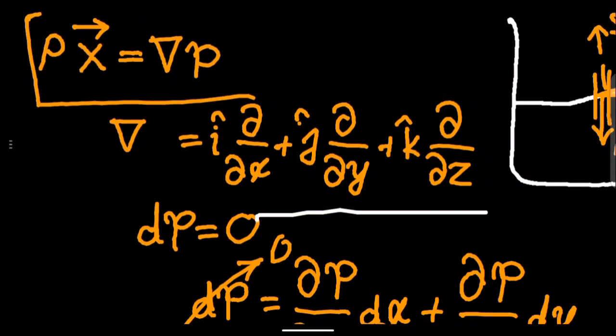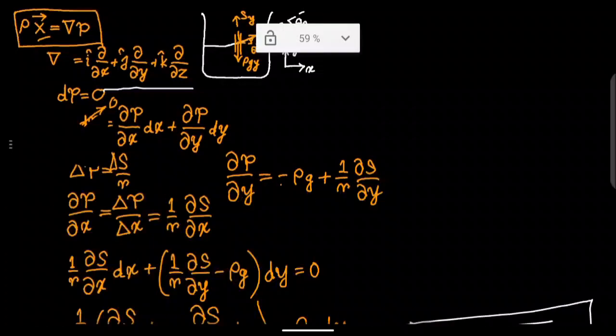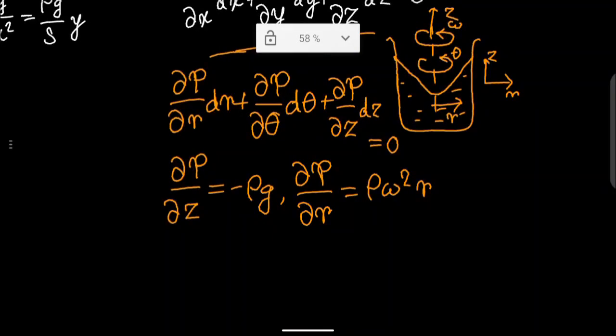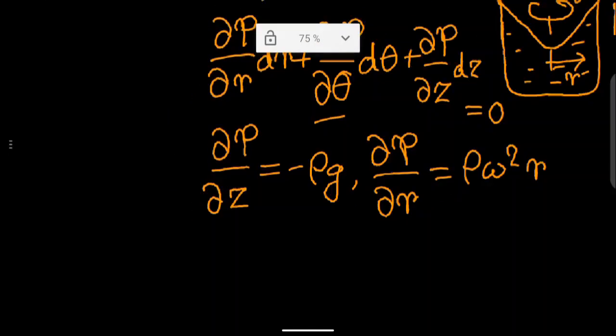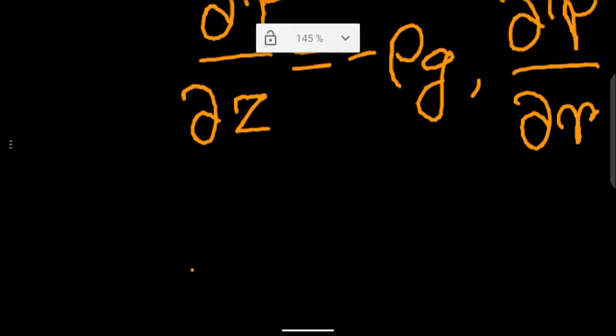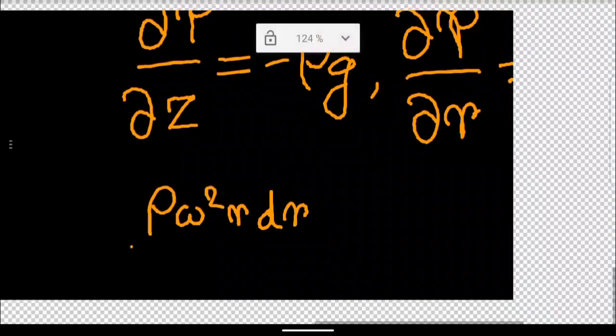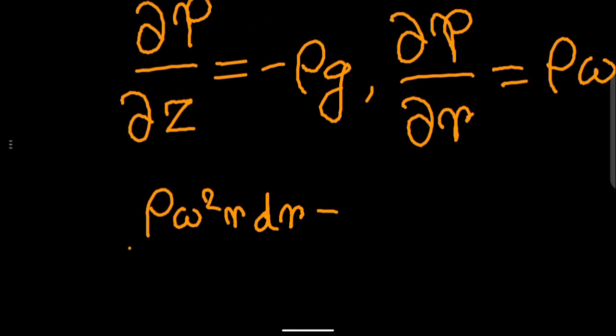Just remember this: the pressure gradient is equal to rho times the body force on unit mass of the fluid. The dimension of this is basically that of acceleration, so we have considered acceleration multiplied by rho. After this, the del p/del theta term is 0, so you can write rho omega square r multiplied by dr minus rho g dz.